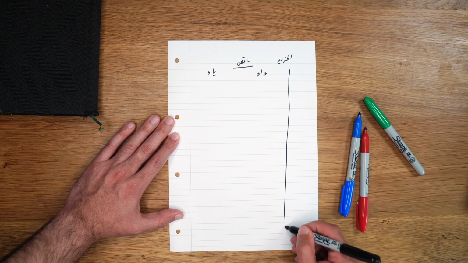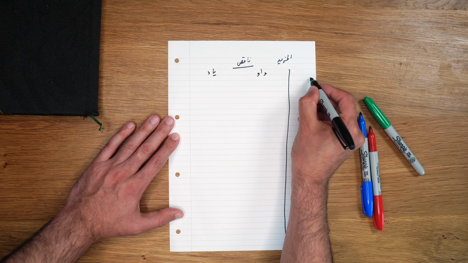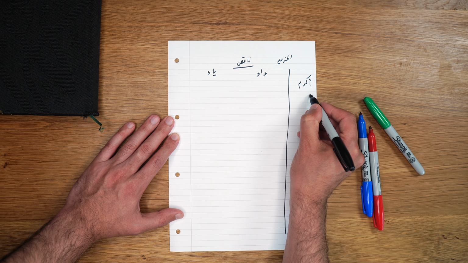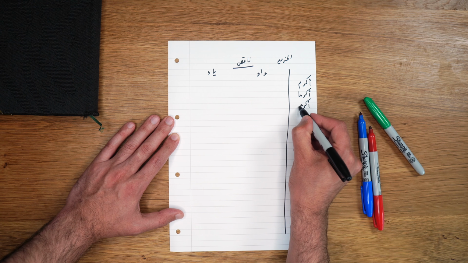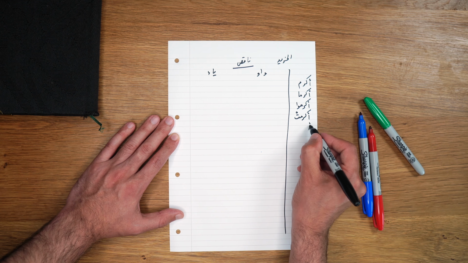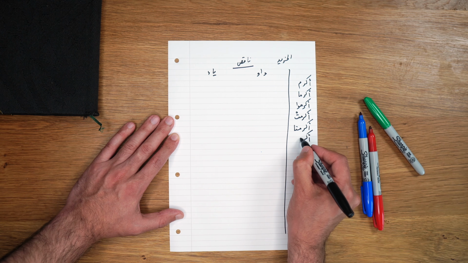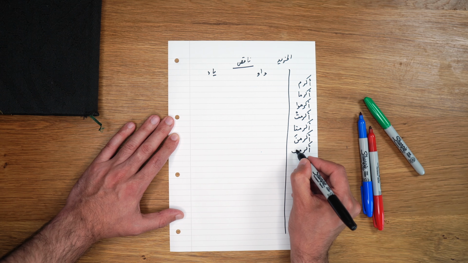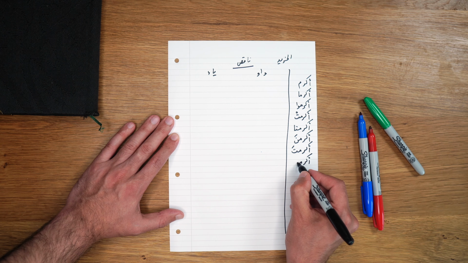So if we were to do the full whack, normally you have akrama, akrama, akramu, akramat, and this is why it's important to memorize all of this list, because I remember when I was memorizing, it was so difficult in the beginning, but once I memorized it, I am so grateful that my teacher made me memorize it, because now I just have to look back at it and I think to myself, this makes so much sense now.